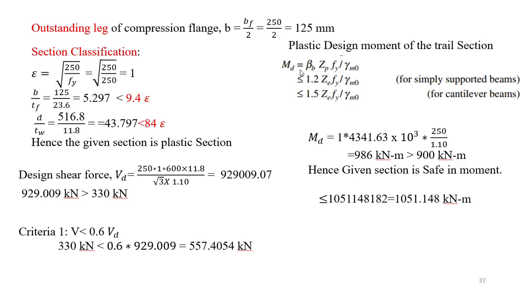If you check, this value is lesser than this one, whereas 1.2 into ZE into Fy by gamma m naught gives 1051.148 kilonewton meters of moment, which is more than the MD. So we can say the section is safe for simply supported beam conditions.